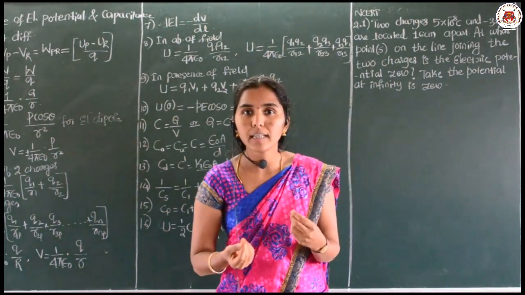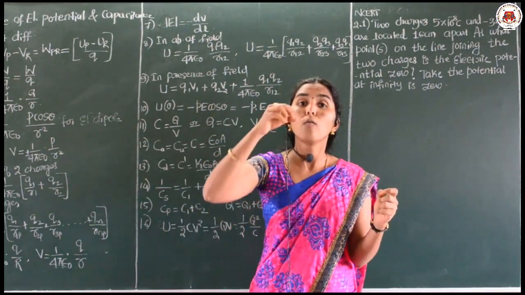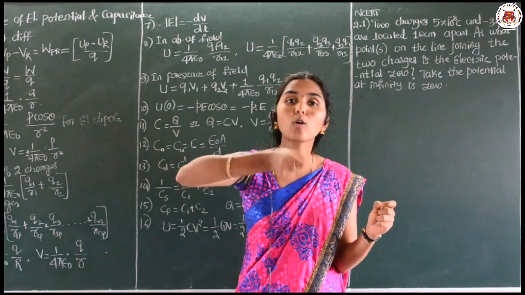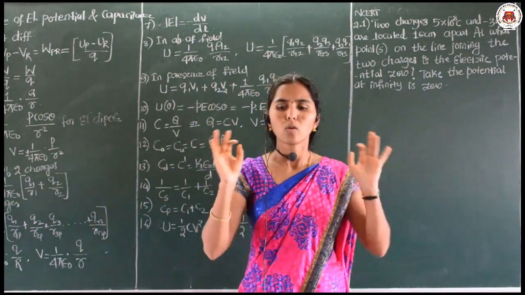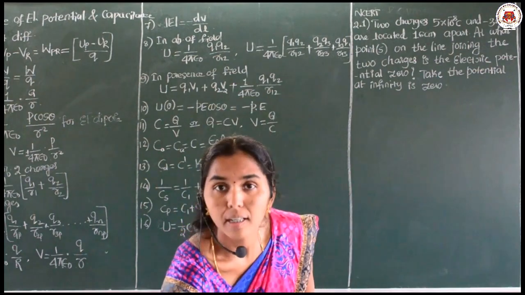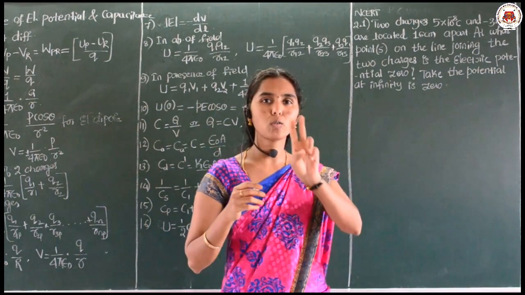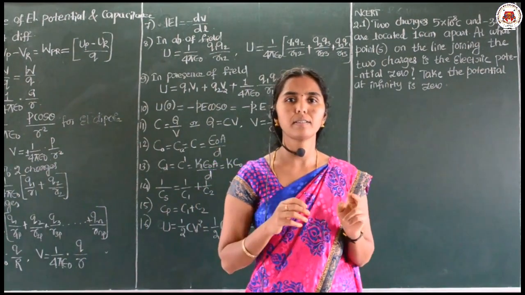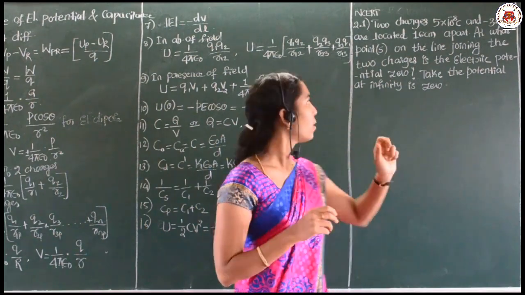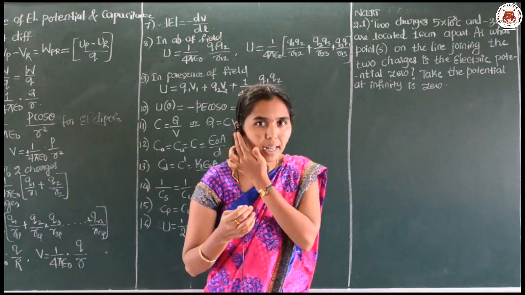Now the question is, on the line joining the two charges, at which point or points is the electric potential zero? The question is very simple, right. They asked where it is zero. For this we have two cases. Point means only one, but here it is mentioned point or points, so we can try both here.